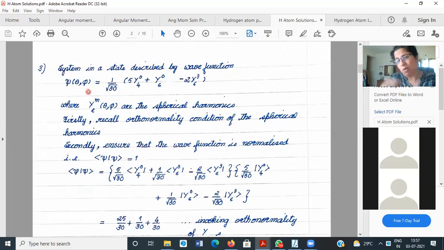So it is always a good idea to first make sure that the wave function is normalized. This is what one is doing here, finding the inner product of psi with itself.